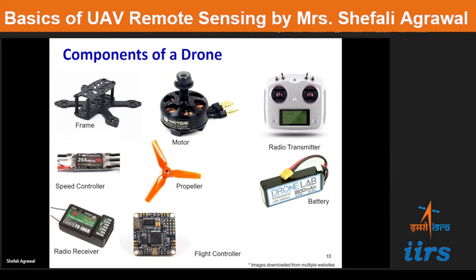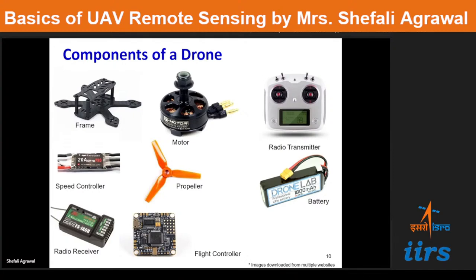So the flight controller takes the input from the GPS module, compass, the other obstacle avoidance sensors, and the remote controller, and processes it, and this information is given to the speed controller to control the motors. So, you can say this is the heart, or the complete brain, of the entire drone system.